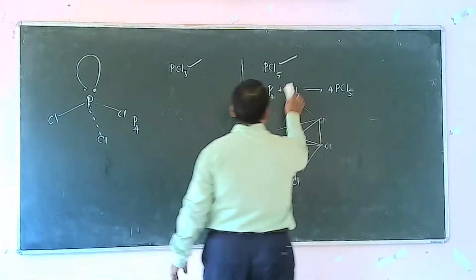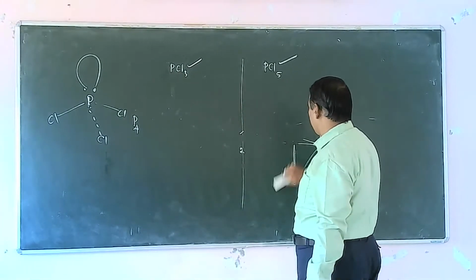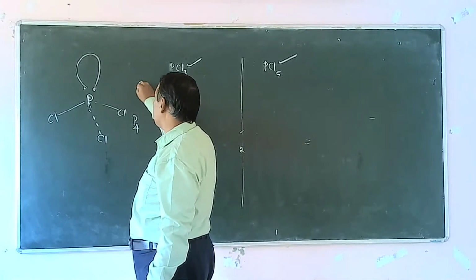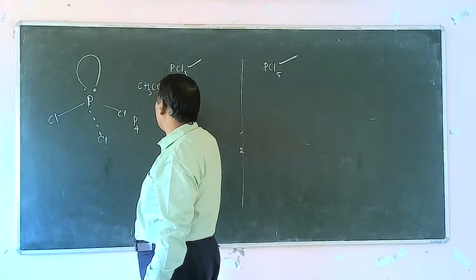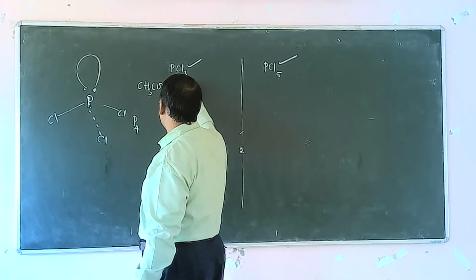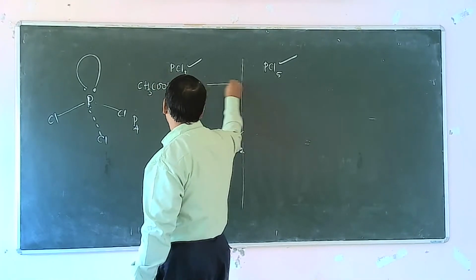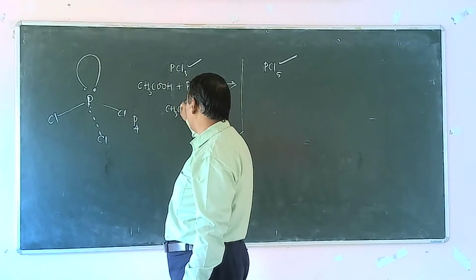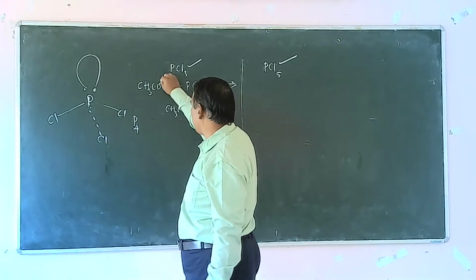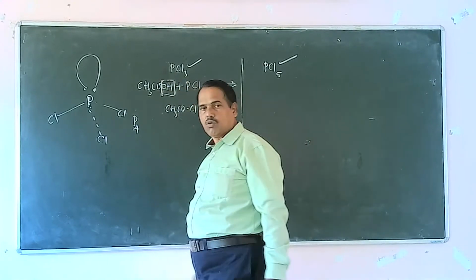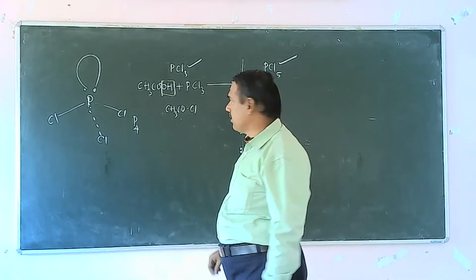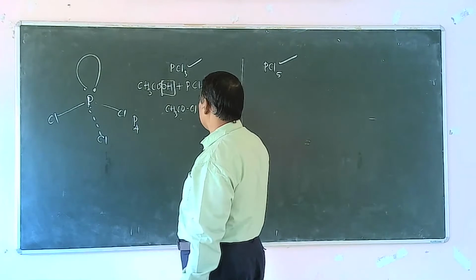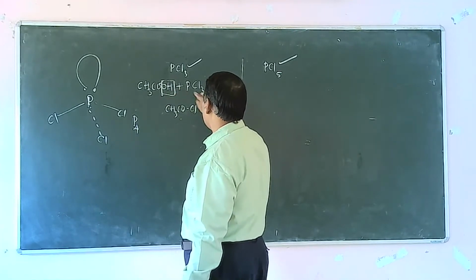When it reacts with an organic compound which contains hydroxide, take for example CH3COOH, acetic acid. When it reacts with PCl3, we will get CH3COCl. This hydroxyl group is replaced. Are you clear? And we will get H3PO3.